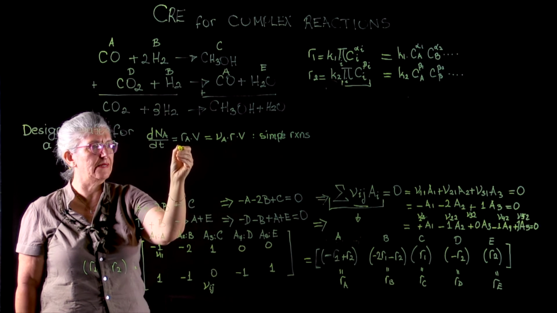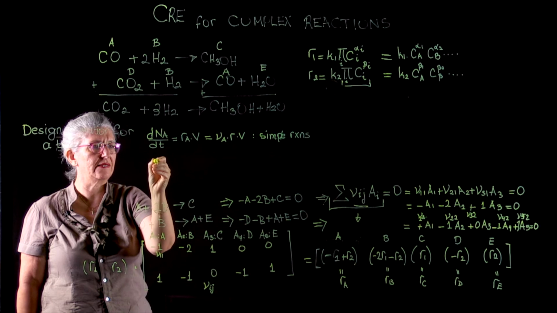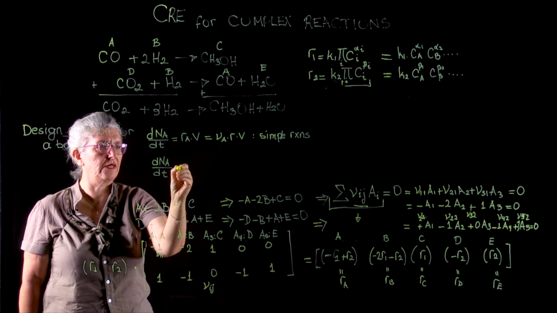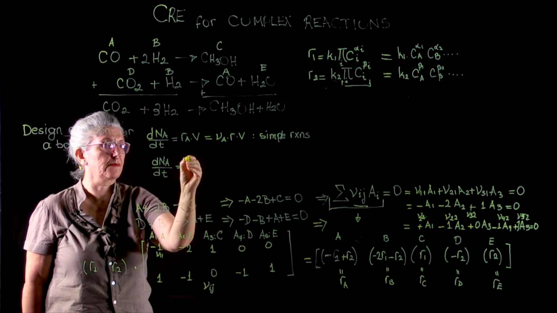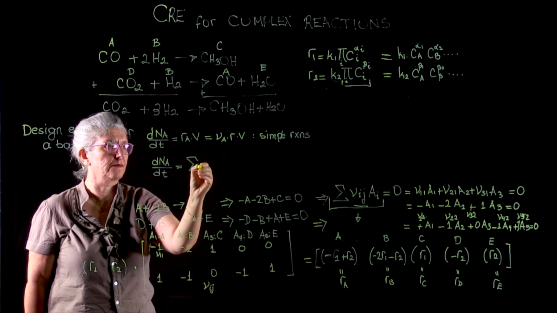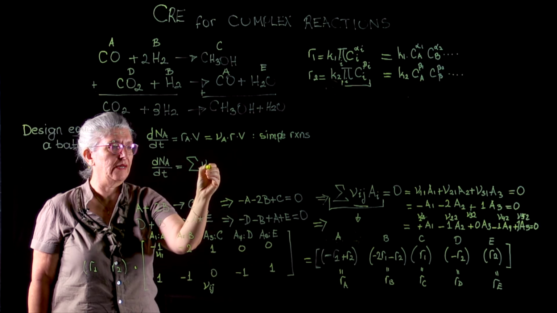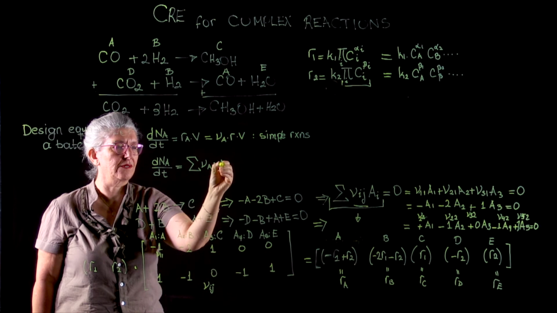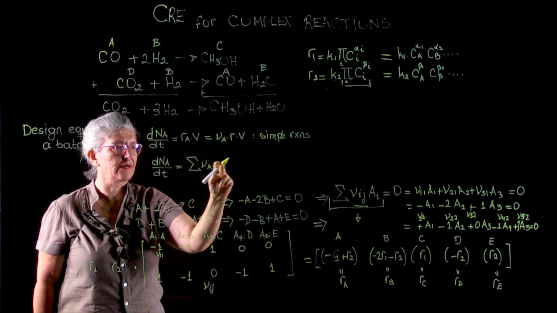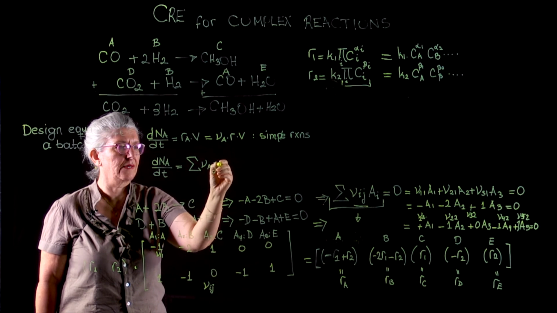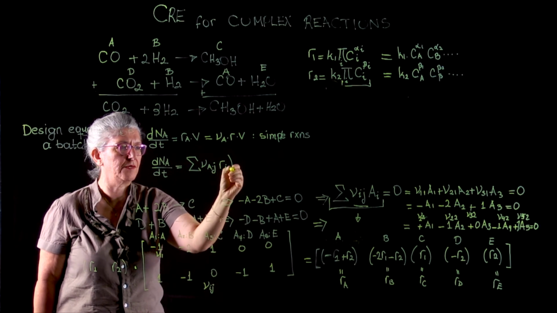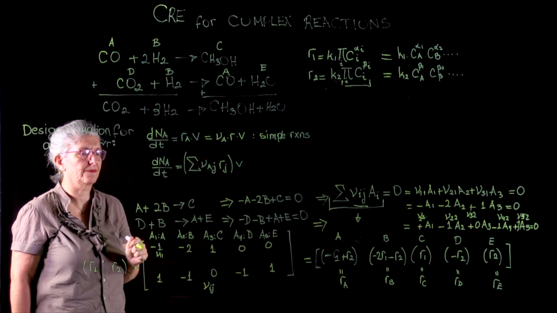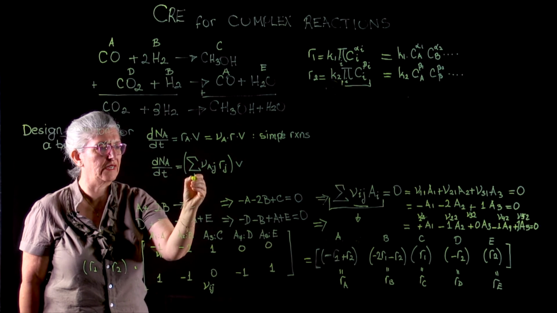We should be writing this for complex reactions as dNA over dt equal to summation nu AJ times RJ times V. So we are summing over all the reactions.